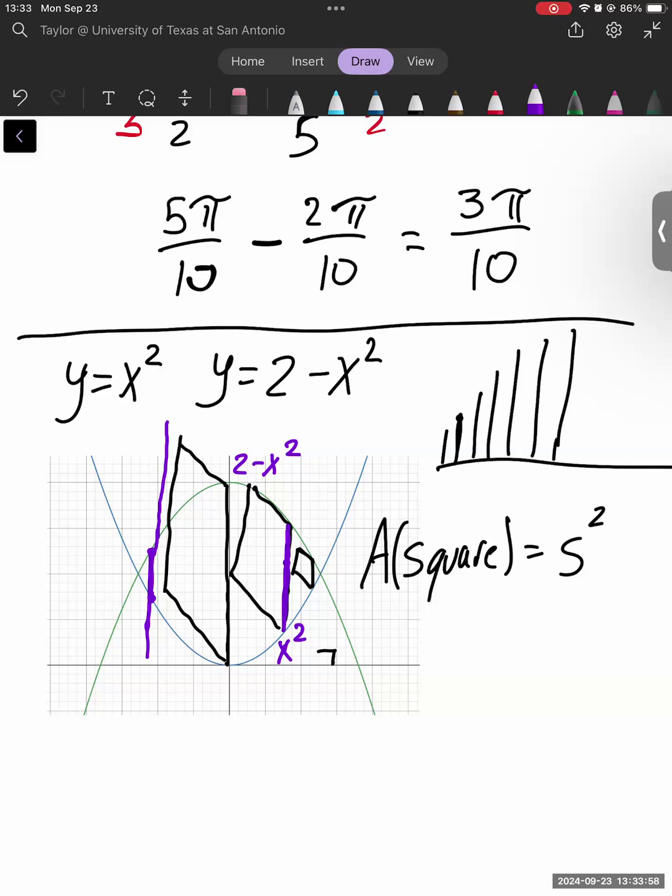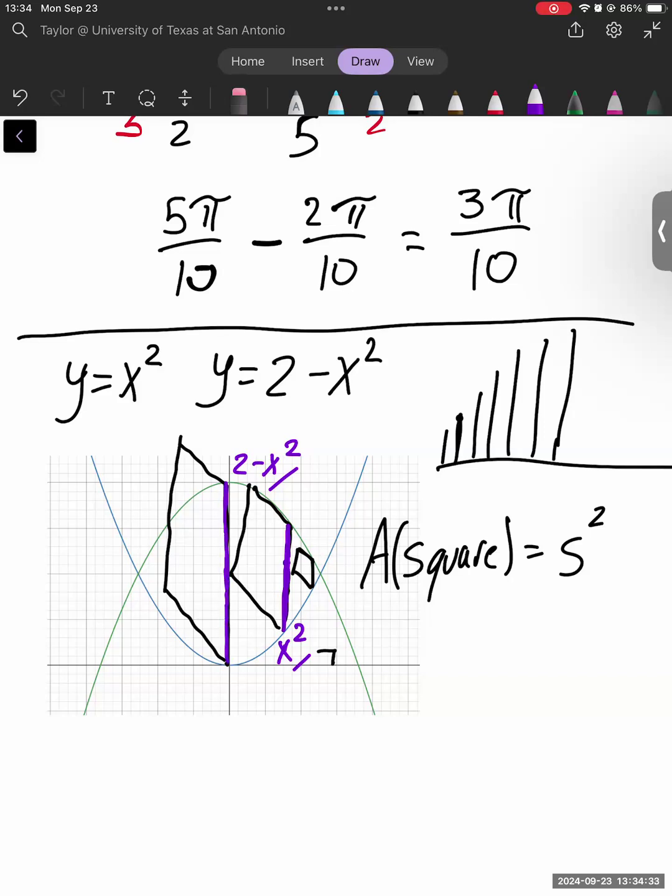Kind of, sort of, maybe no? Can I repeat that? Yeah. So we can take advantage of the fact that one, we're using squares for our cross-sectional volumes, and two, we know that using a horizontal line, we can find our top minus bottom. And then all we need to do is find the distance between these two functions, 2 minus x squared and x squared, which is exactly this distance here, right?